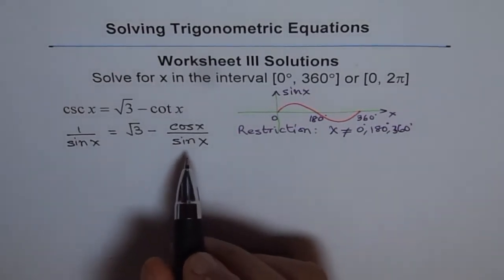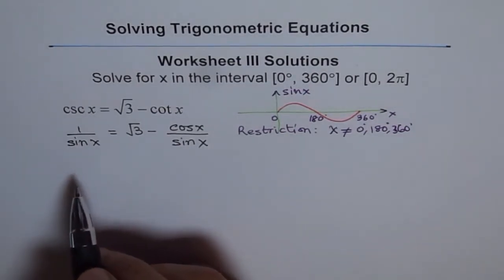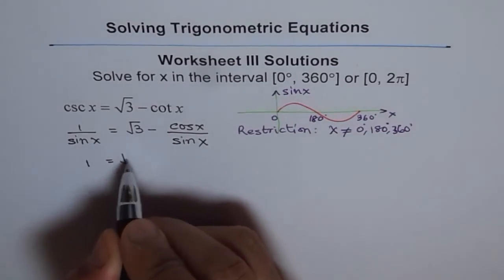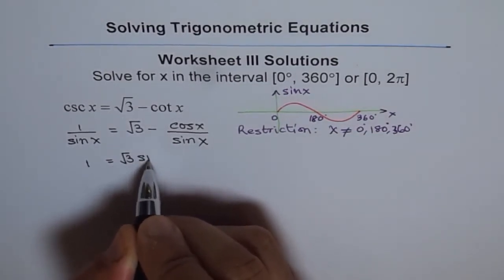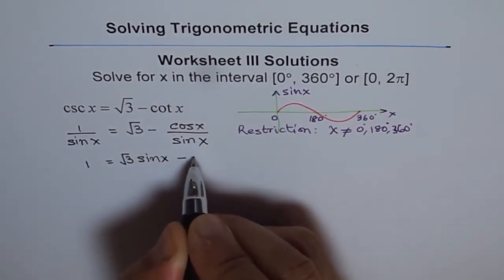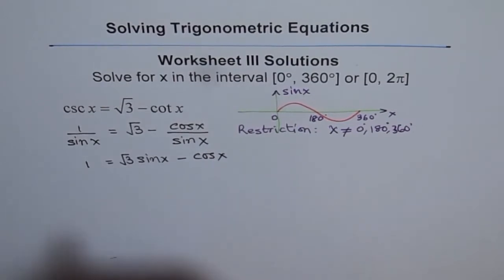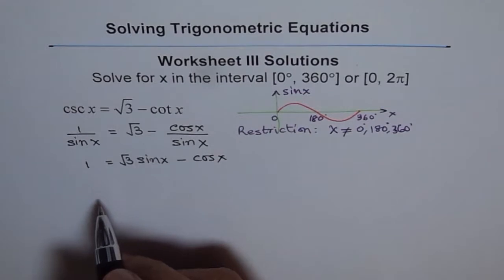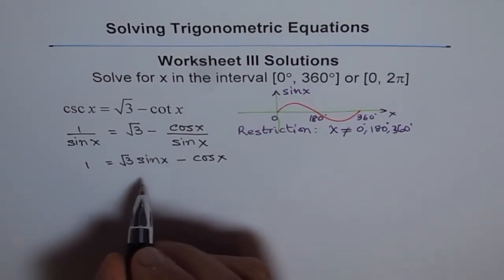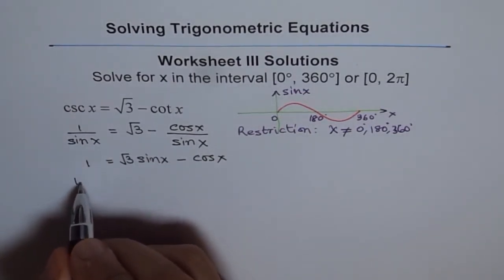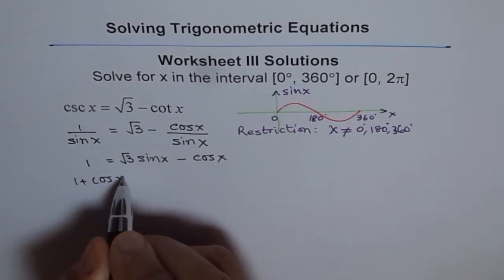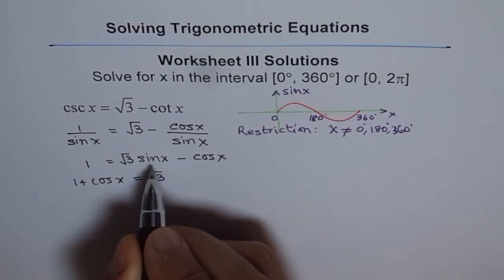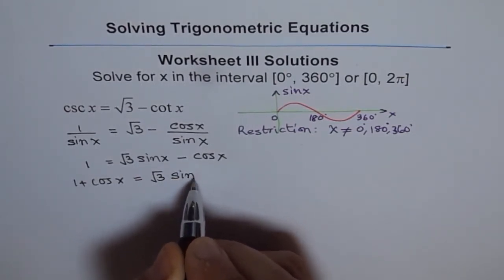Solve this equation. We can multiply both left side and right side by sine x, and then we get 1 equals square root of 3 sine x minus cosine x, correct? Now we can bring the terms together, and then we get 1 plus cosine x, we're bringing it here, equals square root of 3 sine x, correct?